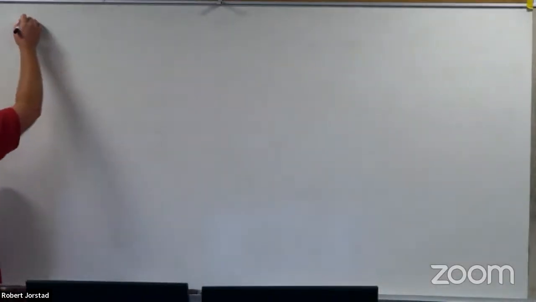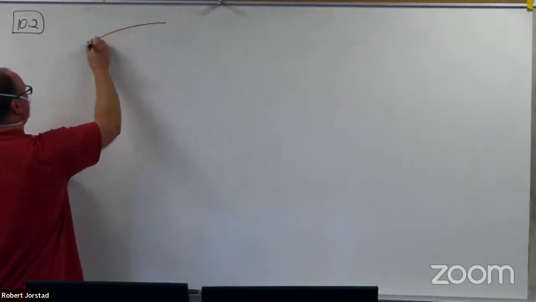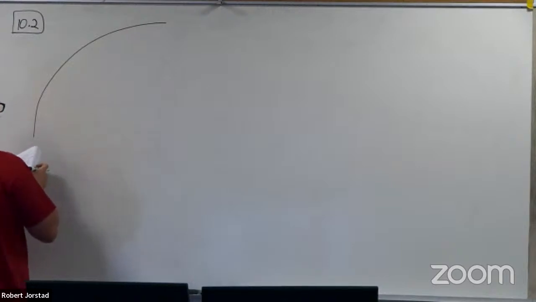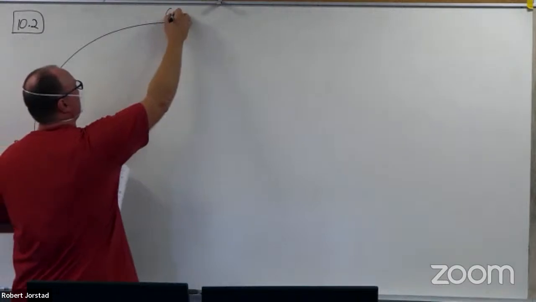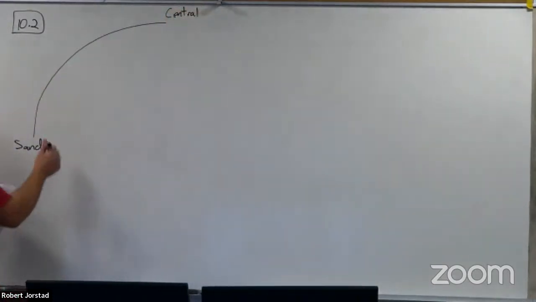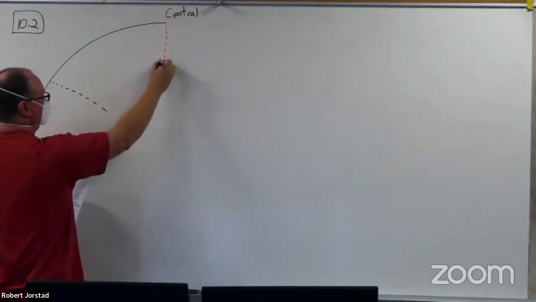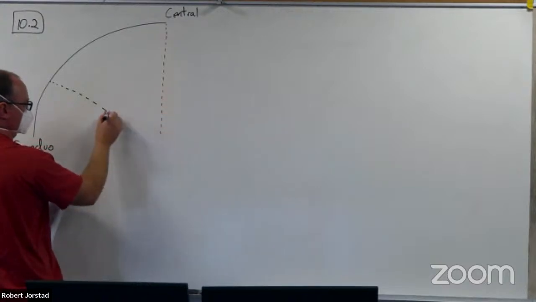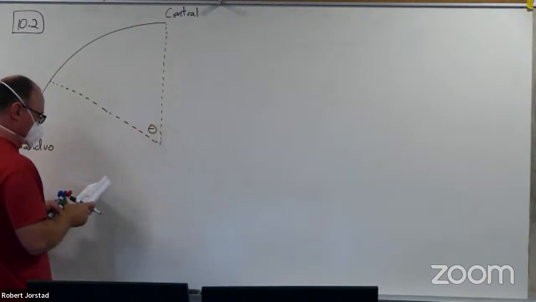All right, 10-2. Now we're going to take it up a little bit. Here's Central Station. Here's San Duo. You can Google this, they're actual stations. It's supposed to be a quarter circle. Obviously, in the real world, it's not a perfect quarter circle, but it's pretty close. So it has some radius.